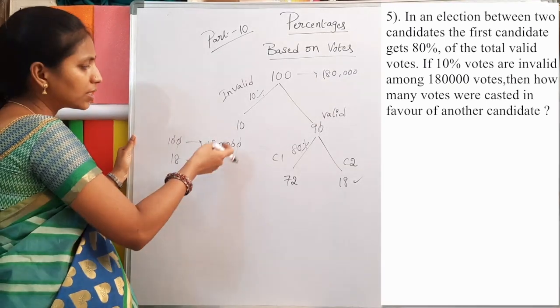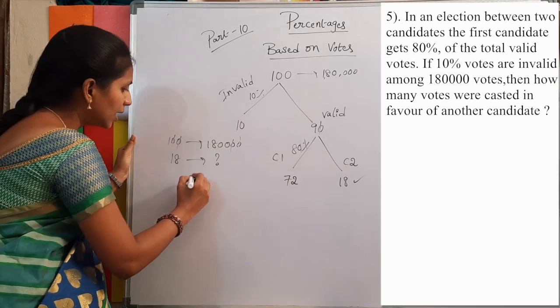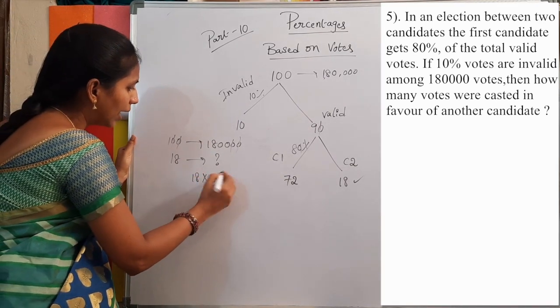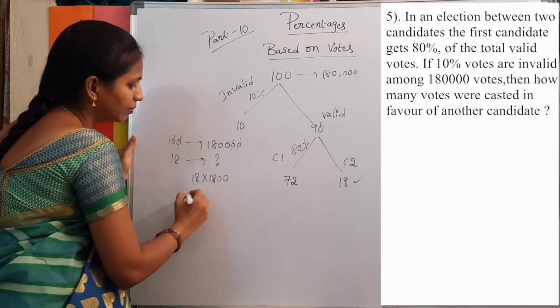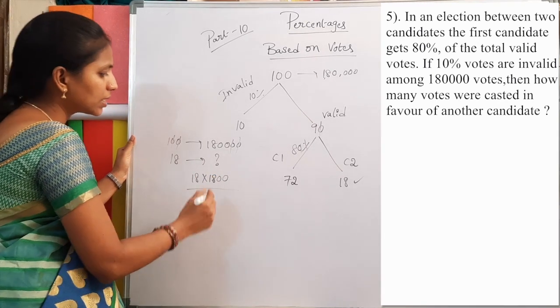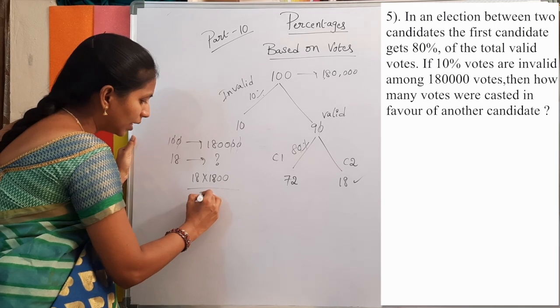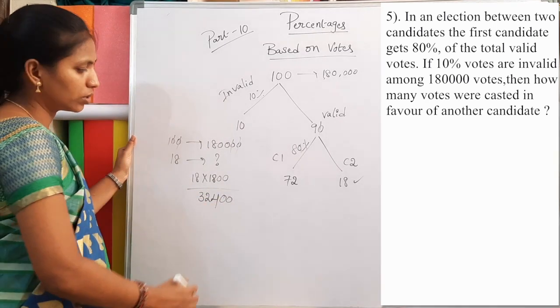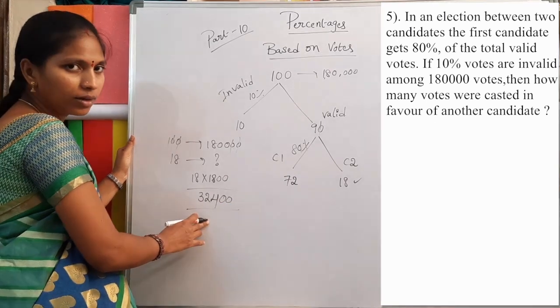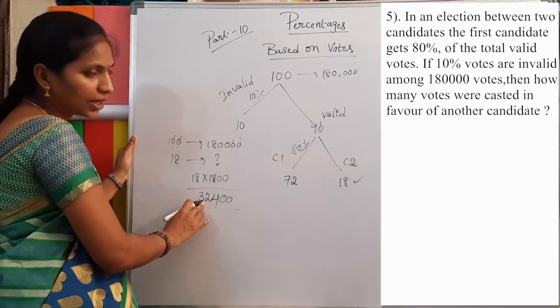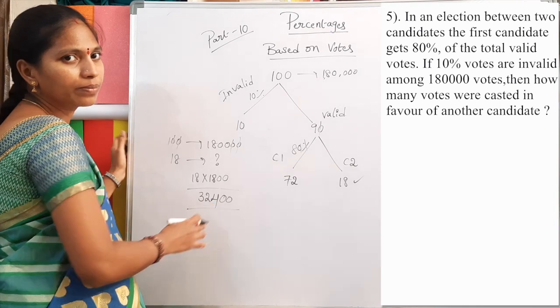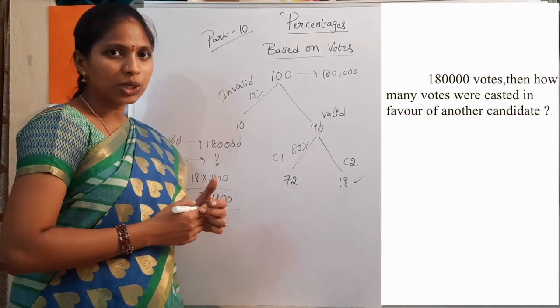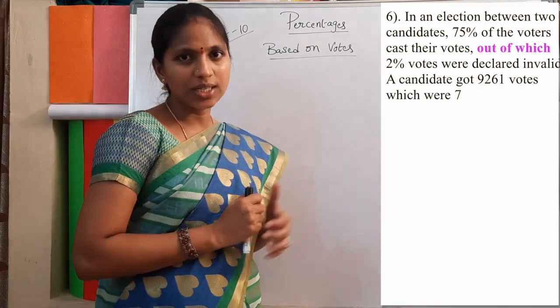After that, cancel zeros. Then see here, 18 into 18 into 100. What is the result? 18 square, that is 324. After that, 2 zeros. Okay, this is the answer: 32,400.